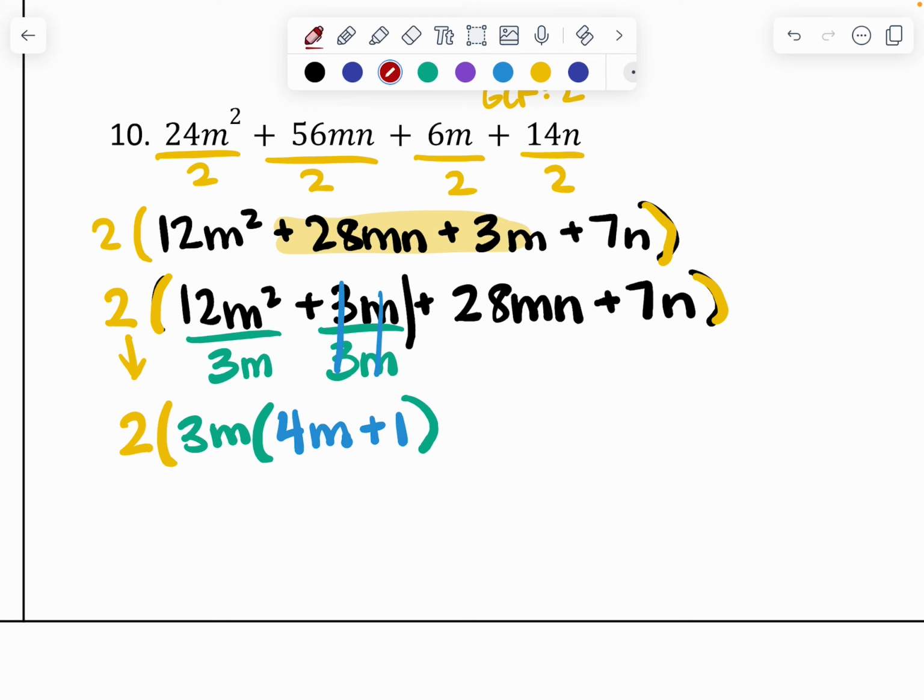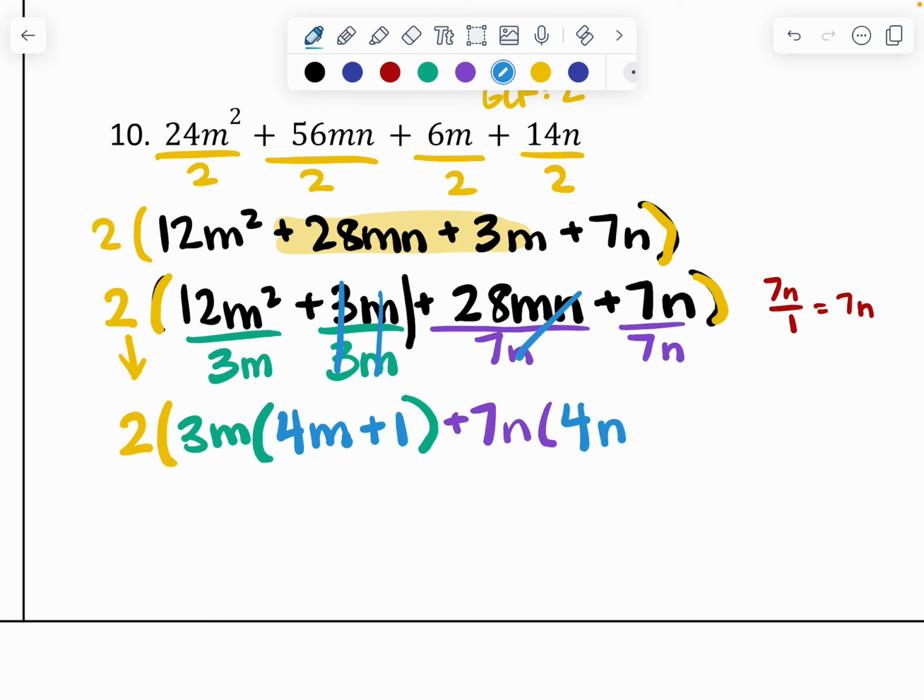Okay, and then let's do our trick here. 7n divided by 1 is 7n. So that's what I'm going to factor out on the right. 7n. So plus 7n, that's 4, and the n's cancel out, so 4m, and then 7 and n both cancel, so that's plus 1.